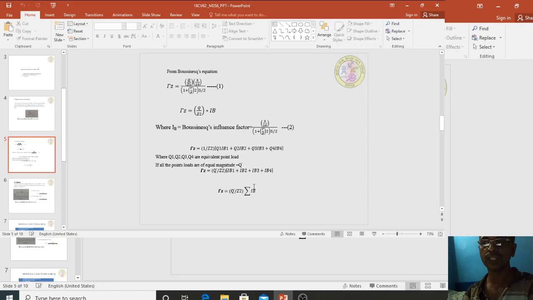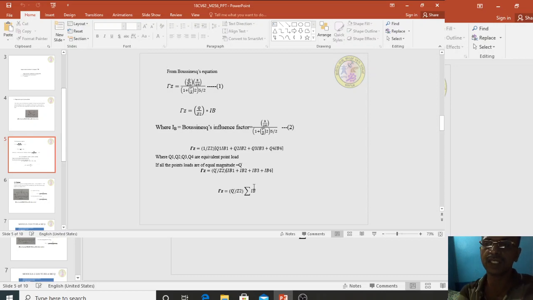This equation can also be written as sigma z is equal to Q by z square into IB, considering the Boussinesq influence factor, where IB is 3 by 2 pi divided by [1 plus (r by z) whole square] whole to the power 5 by 2.